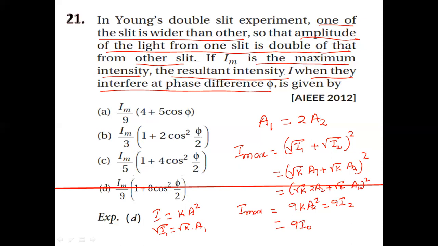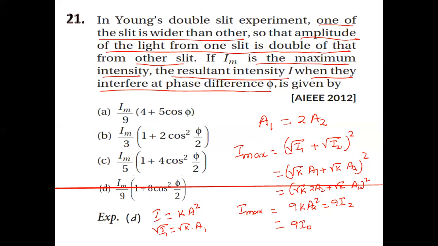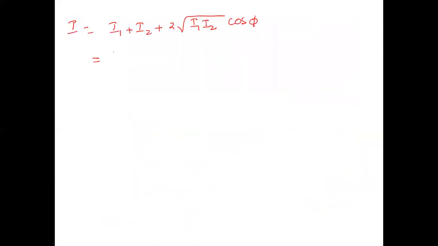Now the resultant intensity I when there is a phase difference phi: I is equal to I1 plus I2 plus 2 times under root I1 I2 cos phi. The first wave amplitude is twice that of the second, so intensity will be 4 times that of the second one. 4I2 plus I2 plus 2 times under root 4I2 times I2 cos phi.